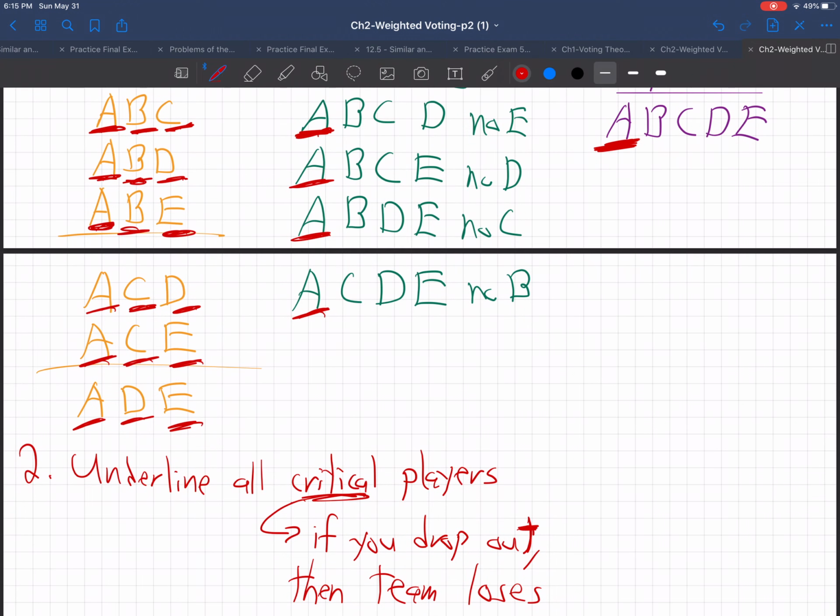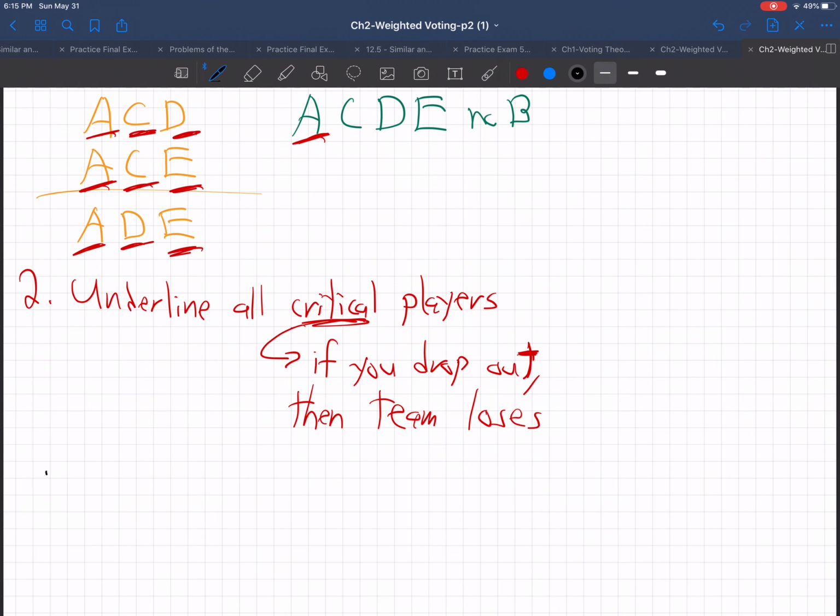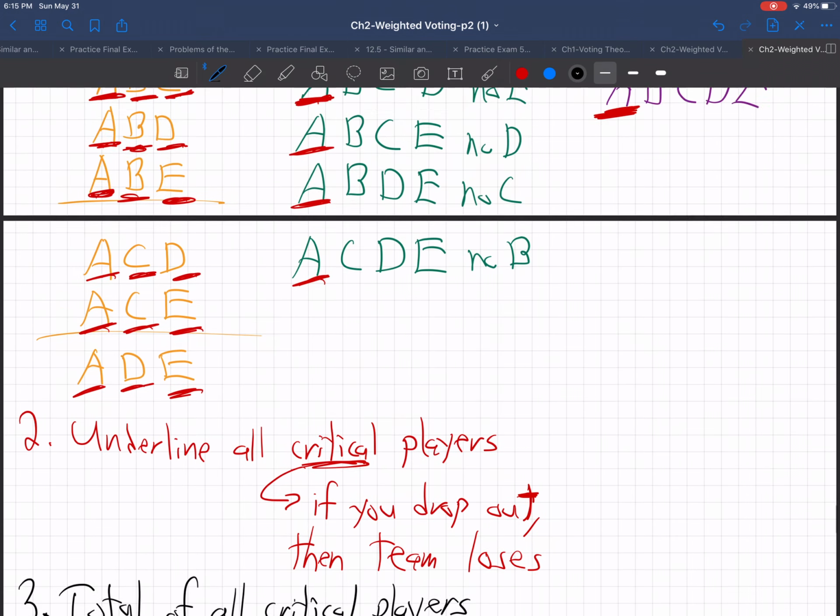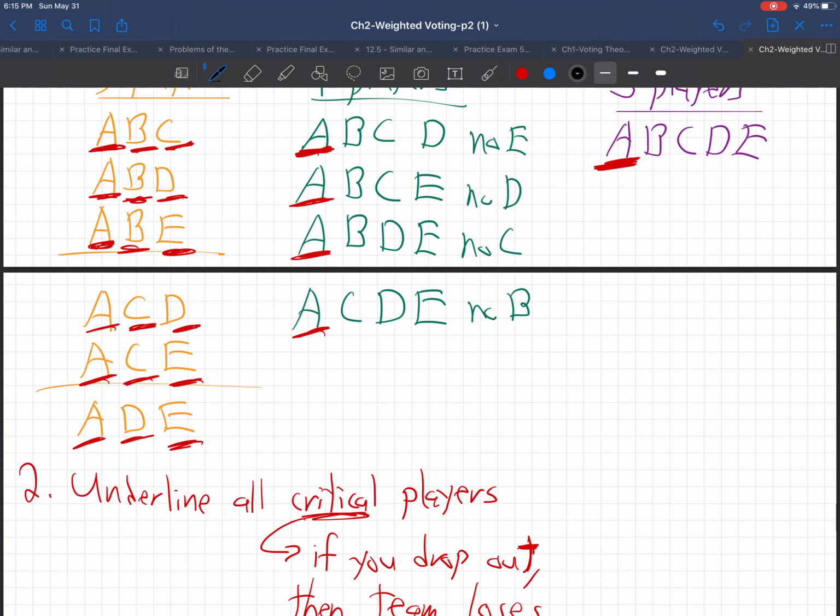So I've underlined all the critical players on all the different teams. Now let's finish this thing up. Number 3, let's find the total of all critical players. So how many total times are there where people are critical?